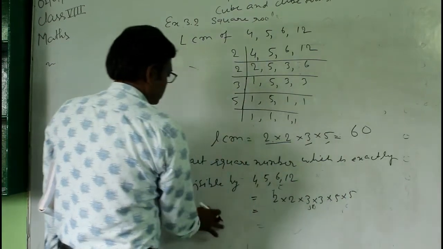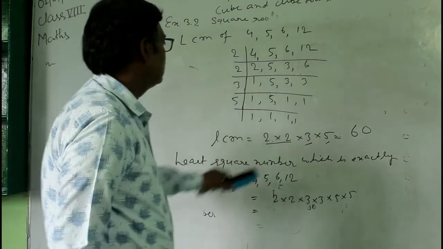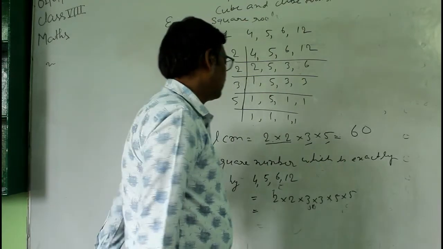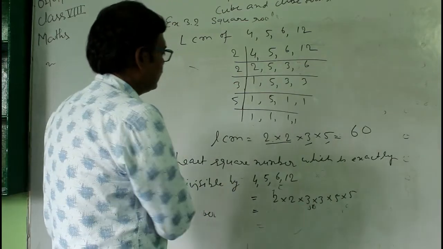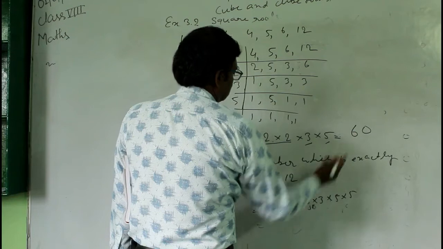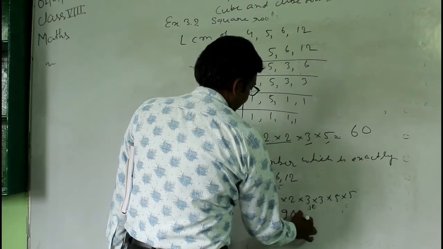Because when you multiply this number by 3 and 5, then it will make a pair of 3 and 5 both. And therefore the number will be here. So here you have multiplied 5 and 3 extra. So 15, that is, it will be here 900.